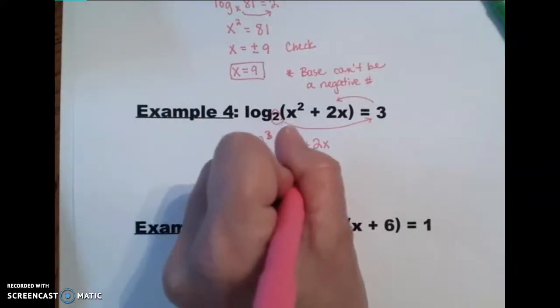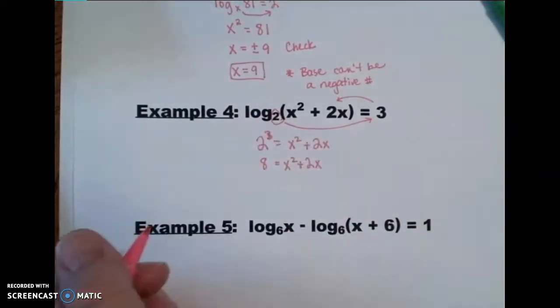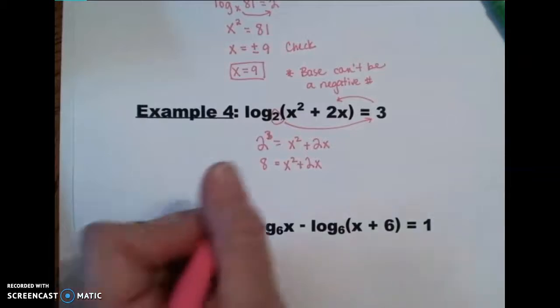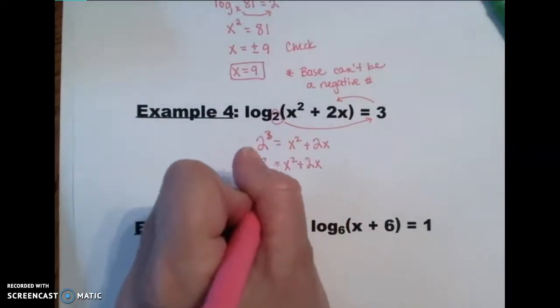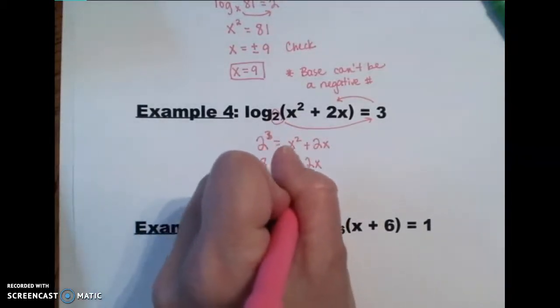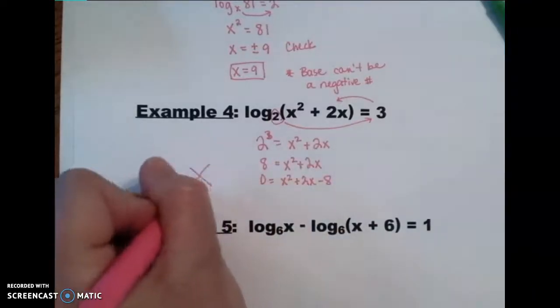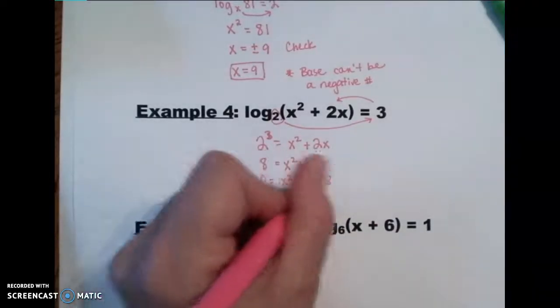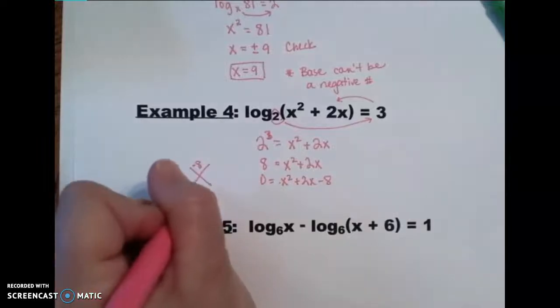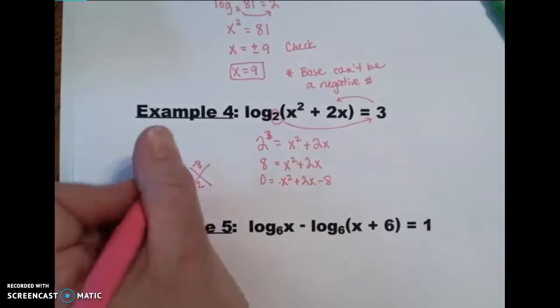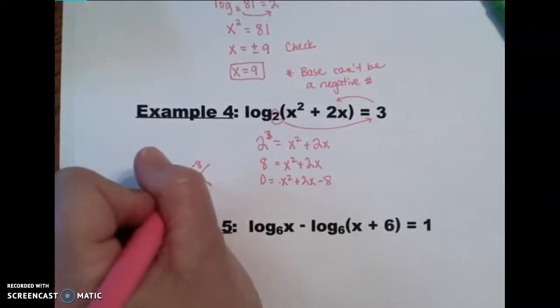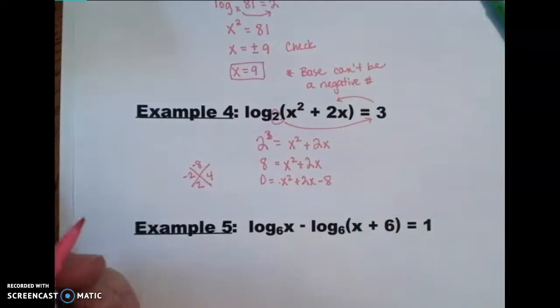So then you can see we have a quadratic, so we want to set that equal to 0. So we would subtract our 8 over to give us x squared plus 2x minus 8. I want to factor that with AC if I can, so 1 times negative 8 is negative 8. I need factors to be positive 2, so that's going to be negative 2, positive 4.